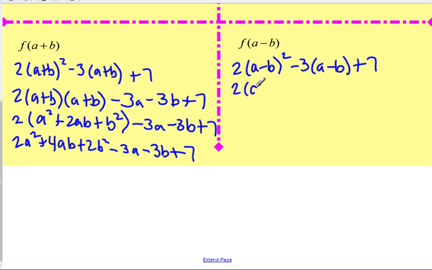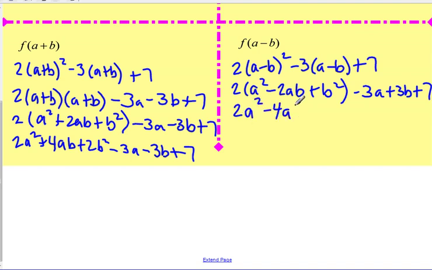So it's going to be 2 times a squared minus 2ab plus b squared minus 3a plus 3b plus 7. So then we'll have 2a squared minus 4ab plus 2b squared minus 3a plus 3b plus 7. Okay, so both of those are just a little bit different, right? There are some minuses and pluses that are different there.